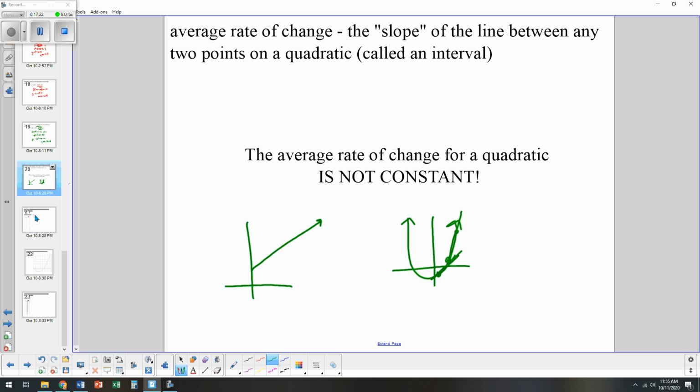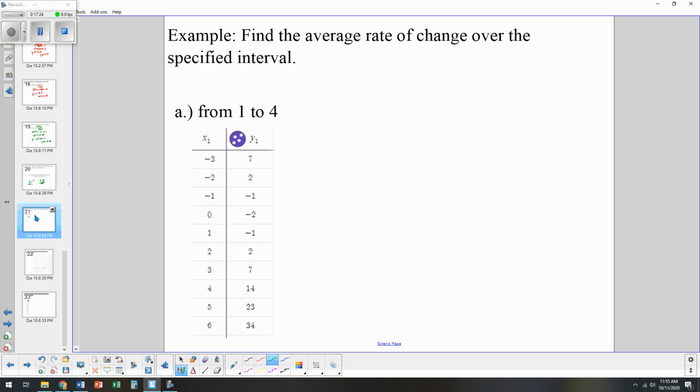But it's still just going to be finding the slope. So we're going to find the average rate of change over the specified interval. They're telling us from 1 to 4, which means from x = 1 to x = 4. So the two pairs we're looking at are (1, -1) and (4, 14).